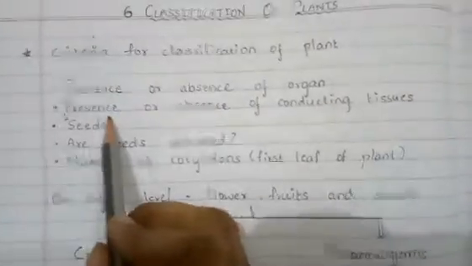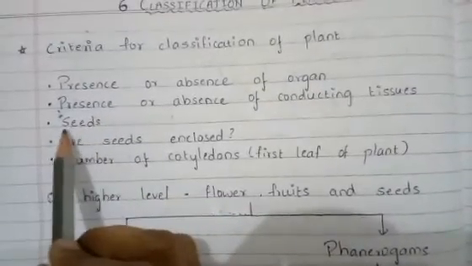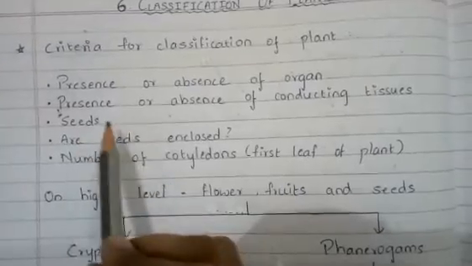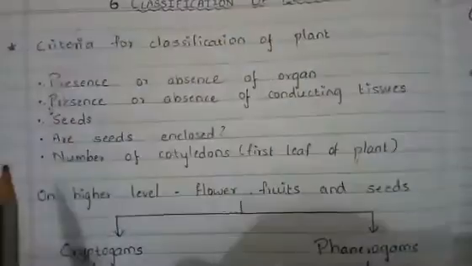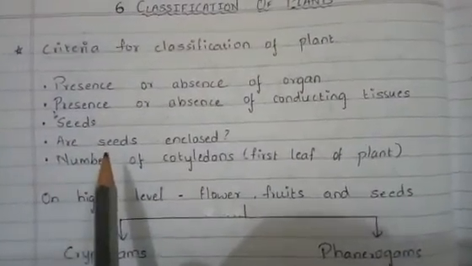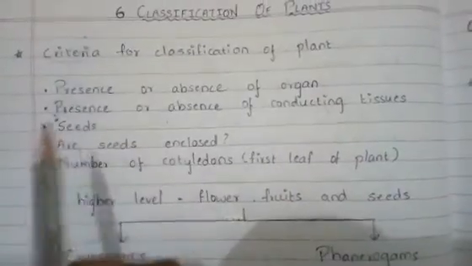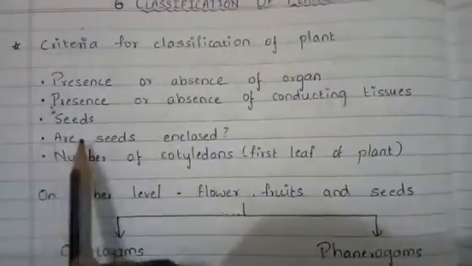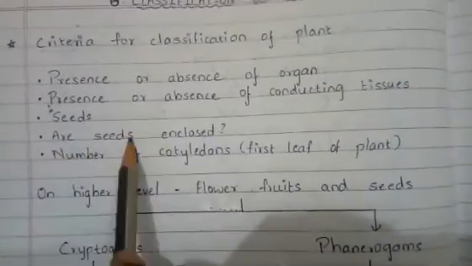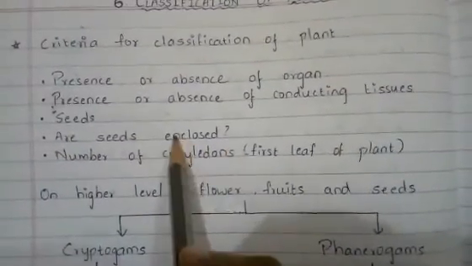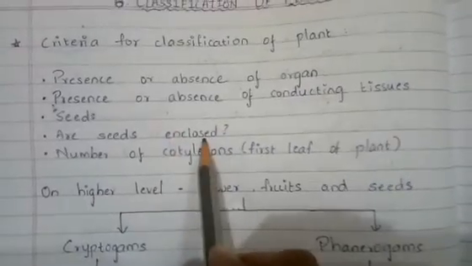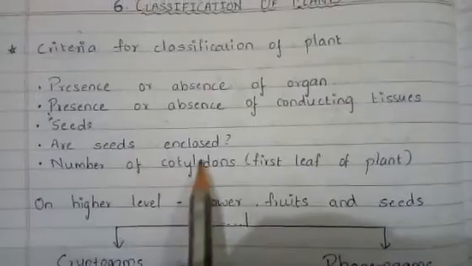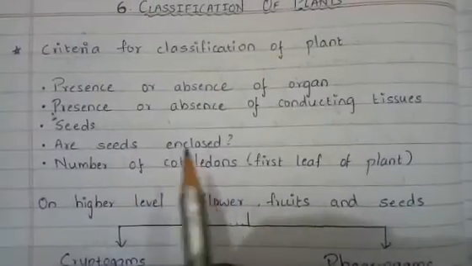Now the third criterion of classification is seeds, the presence or absence of seeds. Whether the seeds are present in a plant or absent in a plant, on the basis of that also the plants are classified into some groups. Now the fourth criterion: are seeds enclosed? What do we mean by enclosed? Enclosed means seeds are closed. Many fruits you have eaten, you can see that the seeds are enclosed.